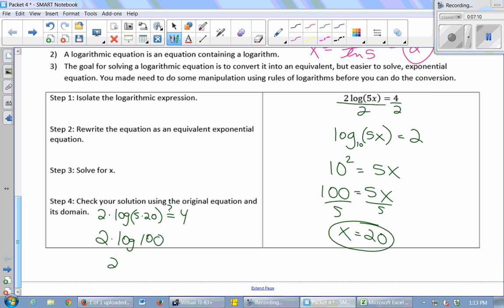So this is 2 times 2, which does equal 4. All right, that makes sense? So the key to solving a log equation is one, isolate the logarithm, two, rewrite as an exponential equation.